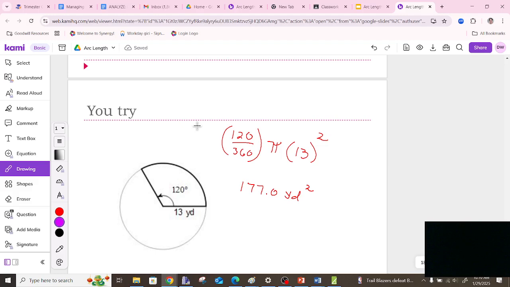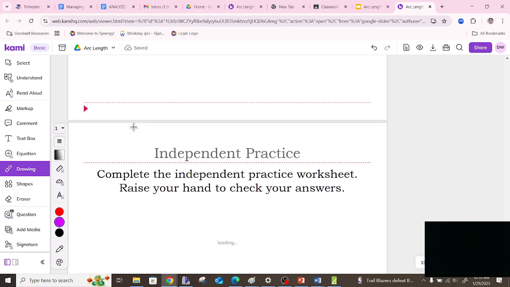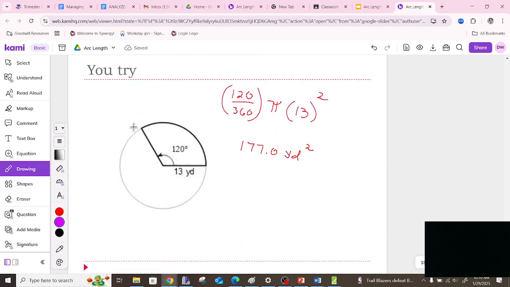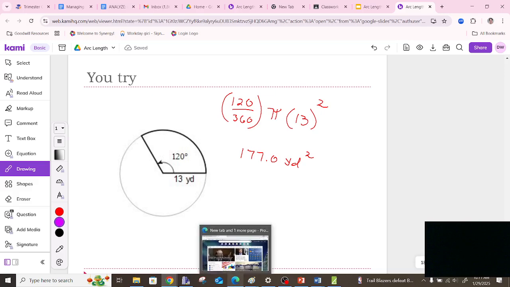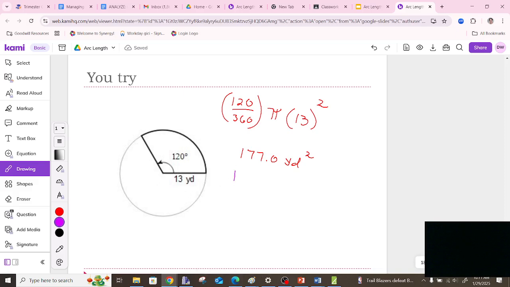Is this the answer you got? Okay. That's not what you got. So we do round it. But okay, so if you have 176.97 and you're rounding to the nearest tenth, you have to bump this up.